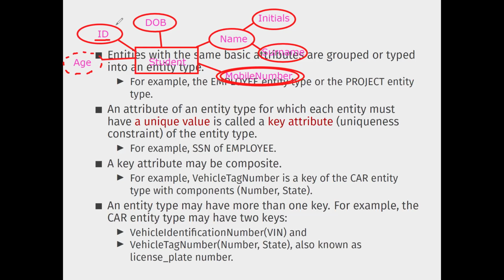They are unique, right? So if you take a person, you can have more than one key attribute. So you will see multiple underlines. At the same time, sometimes to make a unique value, you have to combine more than one attribute. So remember that these are all possible cases.